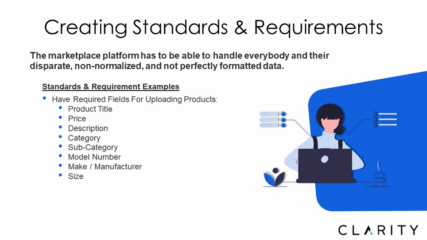So we may want to require certain attributes like finish, so that they put in the white, the black chrome, or stainless steel. They put that in there so that when somebody comes in to search for appliances, they can say, I just want to see all stainless dishwashers available. And all the brands come up, and I can see them all side by side. There are pictures of them and all, and it's easy to compare them, right?